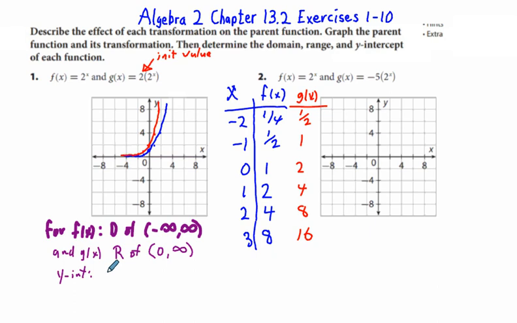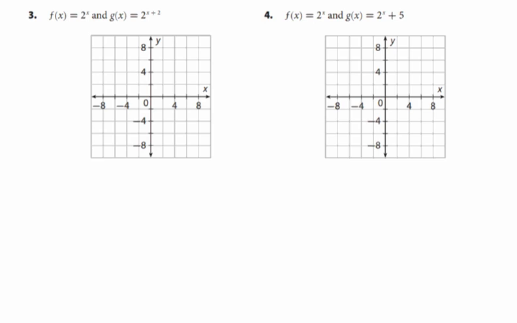It's 1 for f of x, and it's going to be 2 for g of x. So really that's going to be it. Let's go on to problem 3.